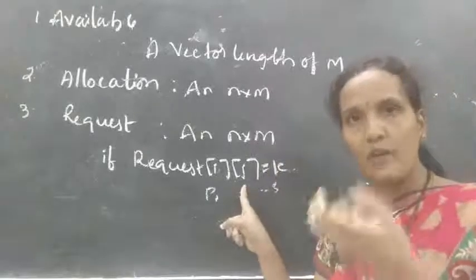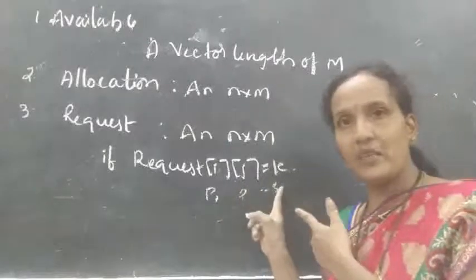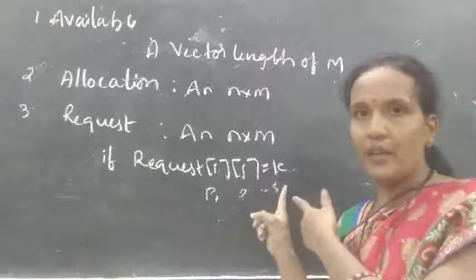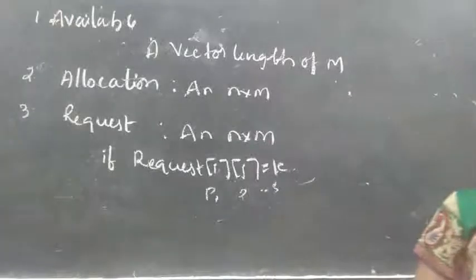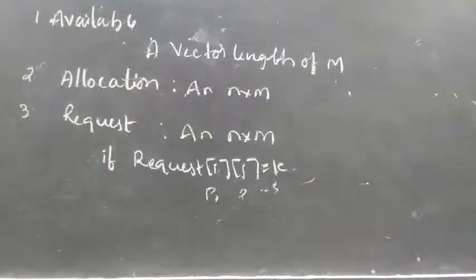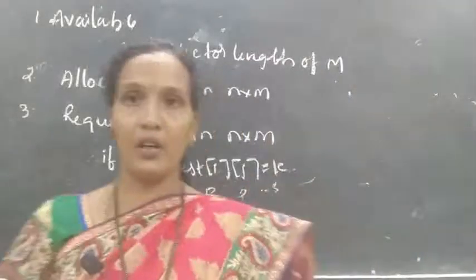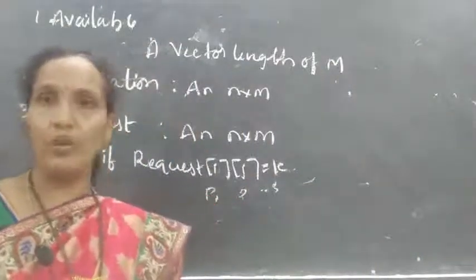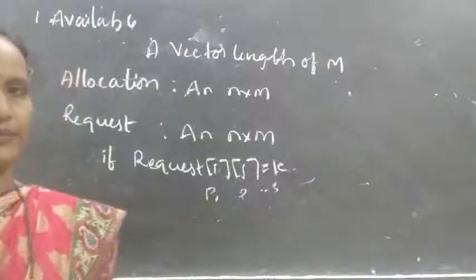One process wants 5 pens. The resource type is a pen, and it wants 5 instances. Understood? You note this down. Based on this, we'll construct the algorithm. We have three data structures, whereas in the Banker's algorithm we used one more, that is Need. Here we are not using Need.